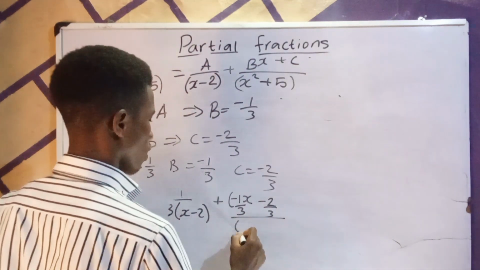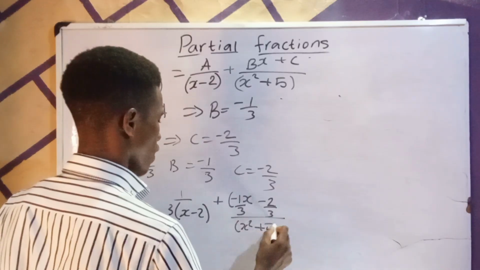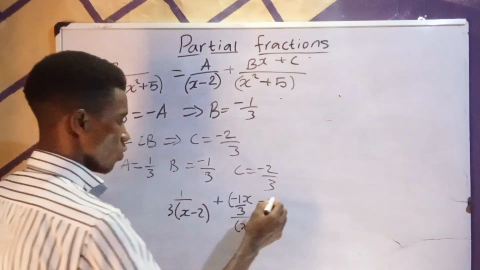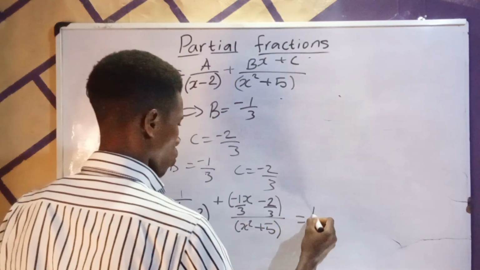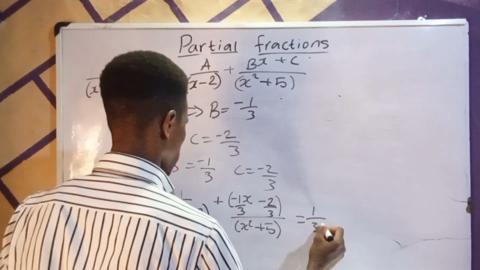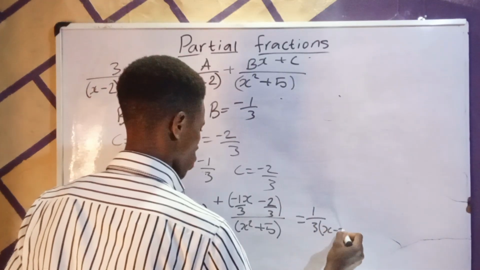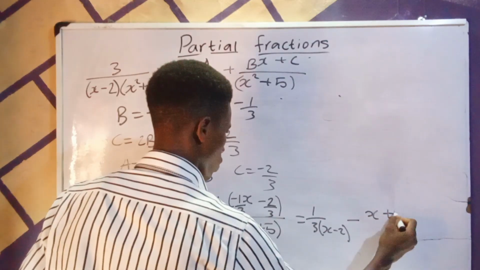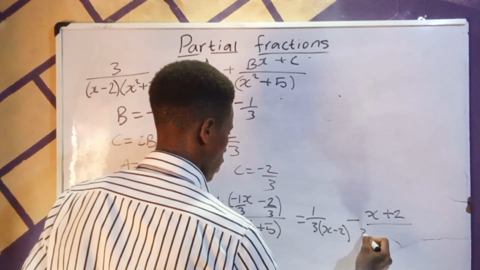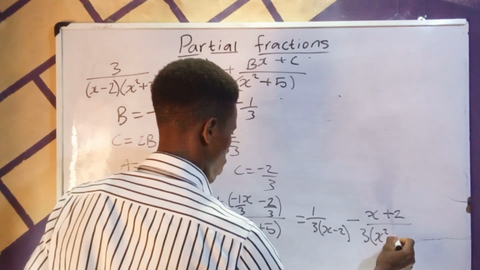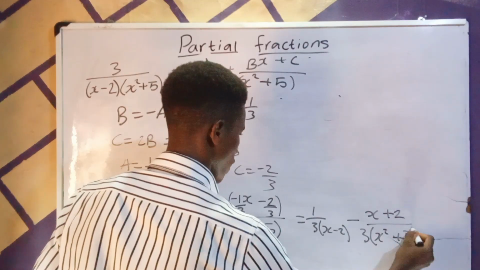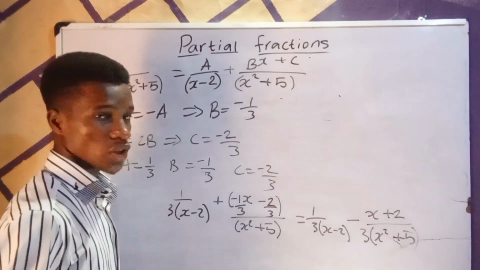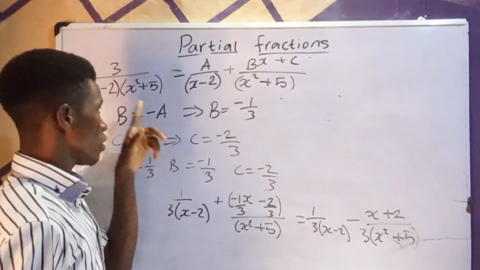This over x squared plus 5. So if we want to write this properly, we have that this is equal to 1 over 3 into x minus 2 minus x plus 2 over 3 into x squared plus 5. So this is the partial fraction for this compound fraction.